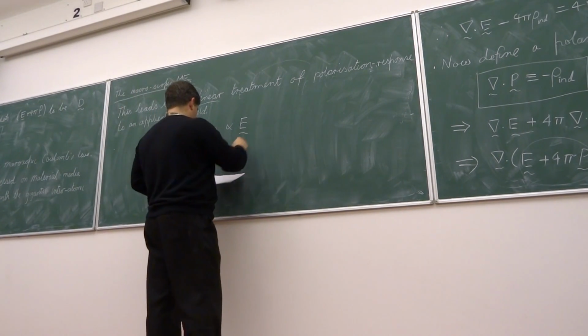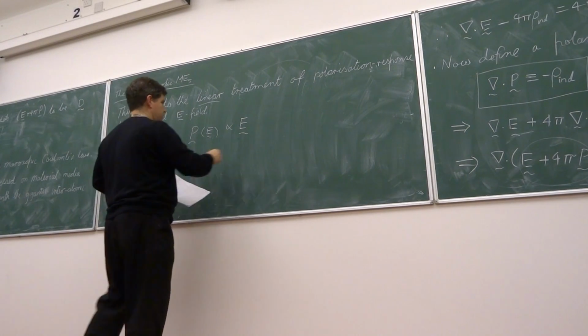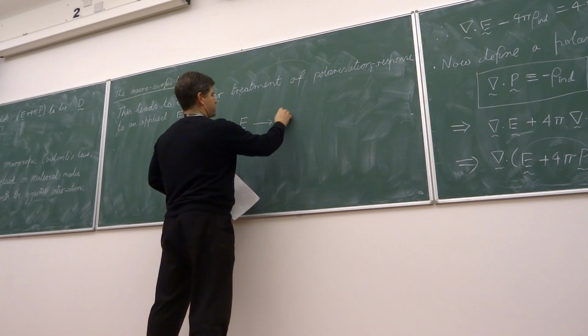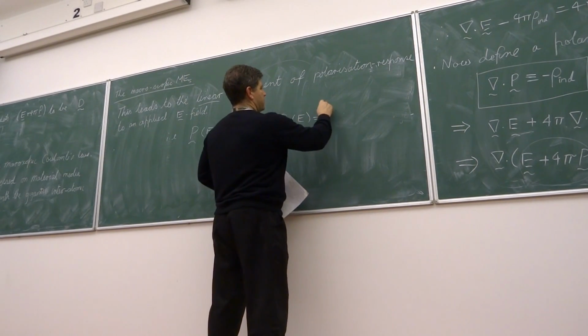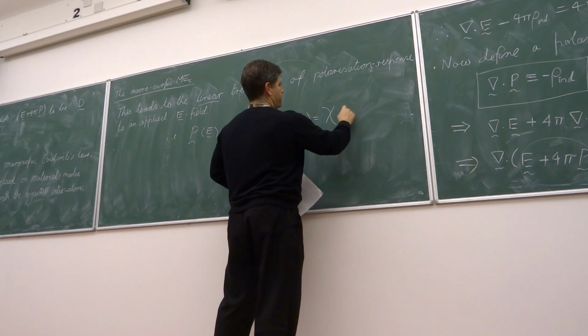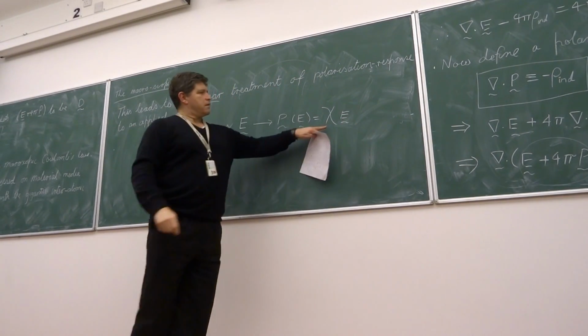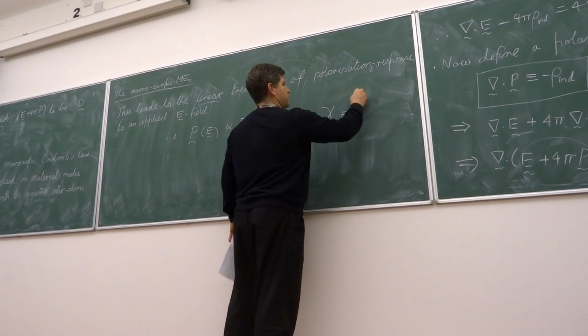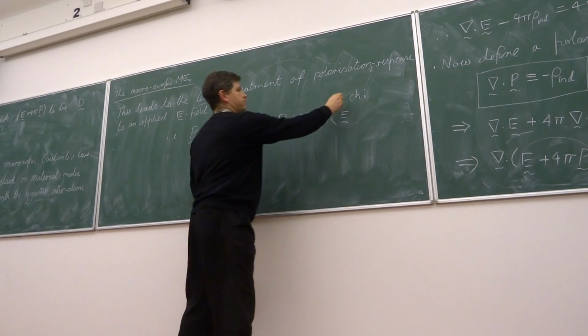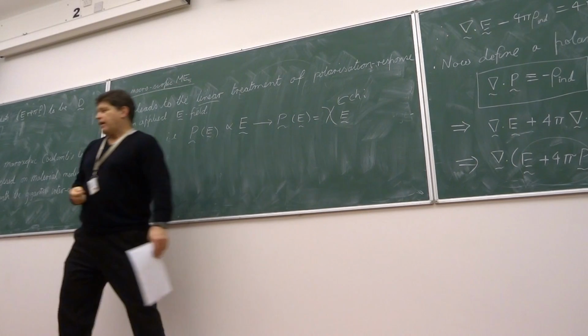The constant of proportionality, we'll just take this further. This is the Greek letter chi.